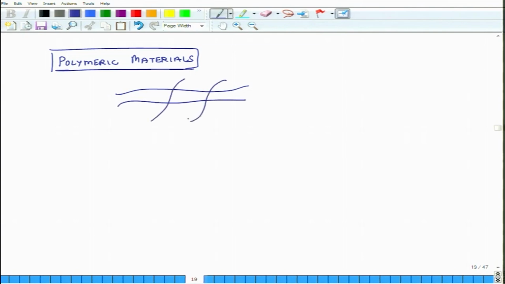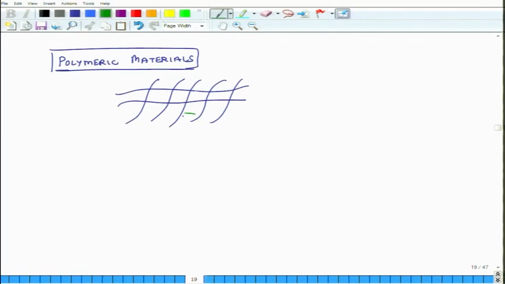it may have all sorts of chains. So, these are all chains. Along the length of the chain, the monomers are connected, and these chains are attached to each other through some very weak forces, van der Waals forces and some other weak forces. So, the connection between the chains is weak.